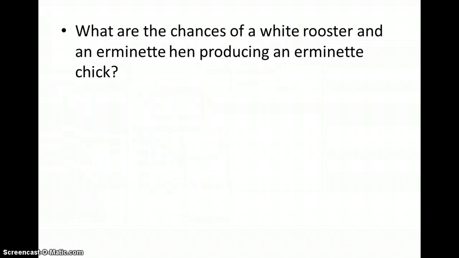Next, what are the chances of a white rooster and an erminette hen producing an erminette chick? Alright, let's find out the parental genotypes. The white rooster and the erminette hen. Let's show that cross.